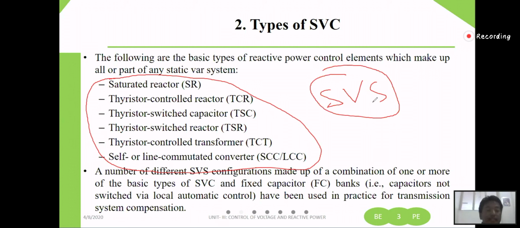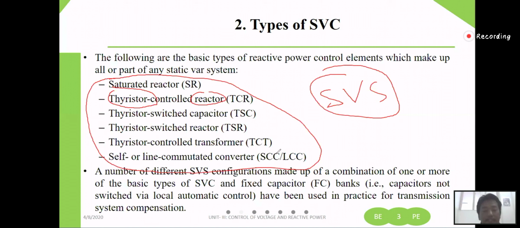Okay, so there are different types, and already you know the characteristic of the thyristor. So we can employ a thyristor and control the reactor. We call it a TCR, thyristor controlled reactor. You can employ a thyristor and then switch the capacitor. We call it a thyristor switched capacitor. Similarly, you can use a thyristor. This is a power electronics device, and then there is the self or line commutated converter.